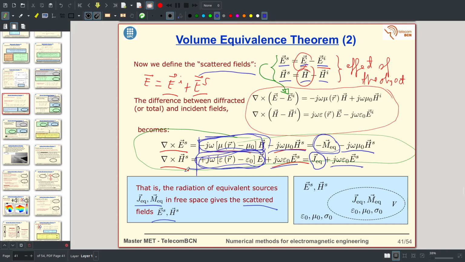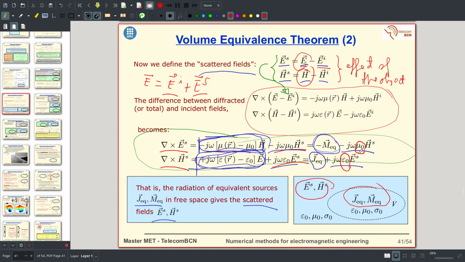So, in the equations that we got, the sources are the equivalent currents, the fields are the scatter fields, but very, very important, look at the dielectric constant and the magnetic constant that we get. They are epsilon 0 and mu 0. They are the constants of free space.